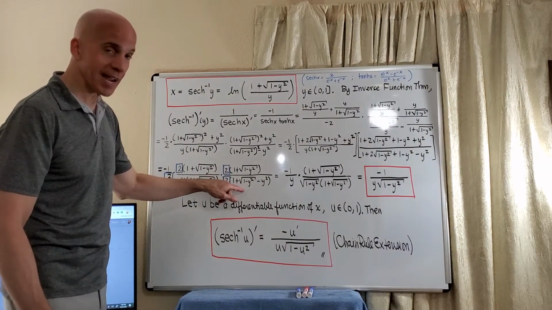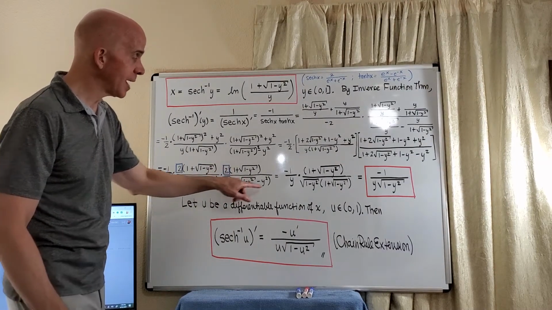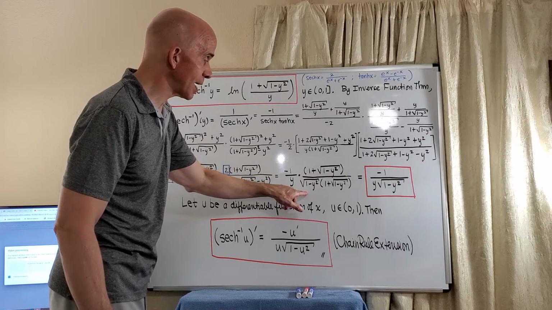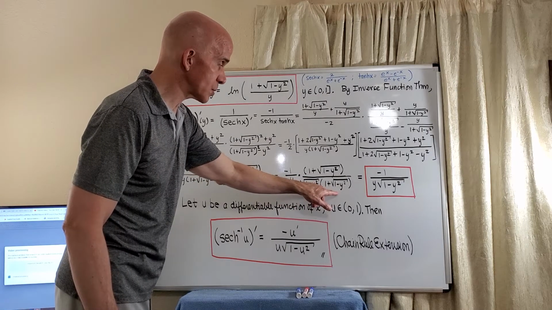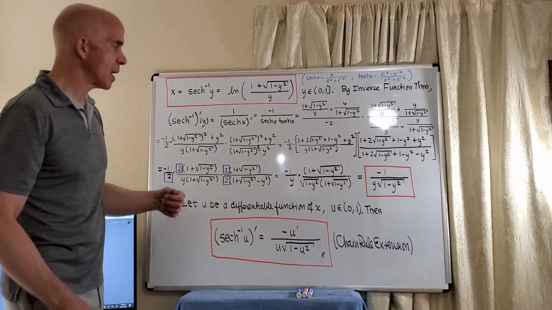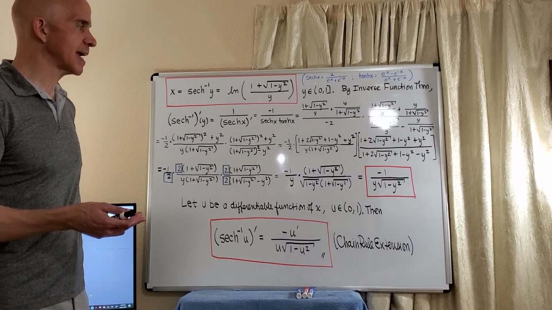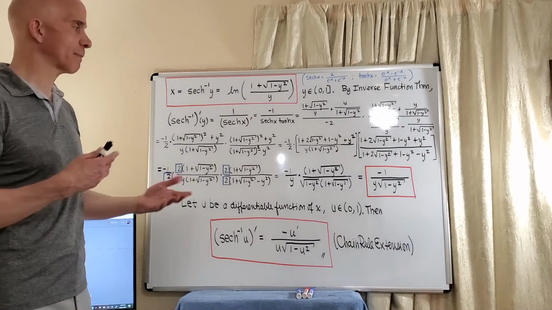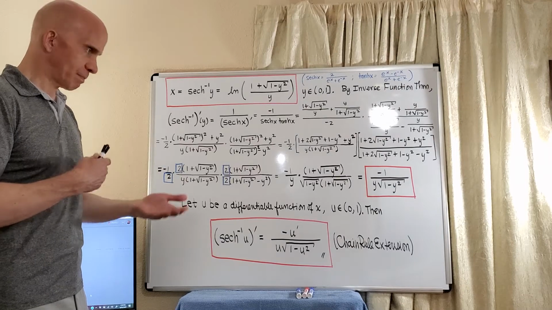And we've seen this calculation before. This will factor into the square root of 1 minus y squared times 1 plus the square root of 1 minus y squared. So again, we see that the same types of algebra and computations come again.